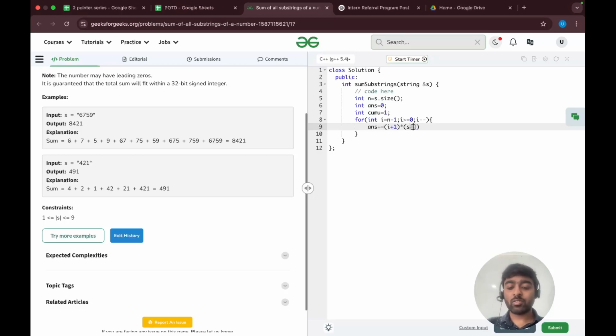So value of s of i minus '0' into cumulative. And now cumulative equal to cumulative into 10 plus 1. Correct? And in the last we just have to return the answer.